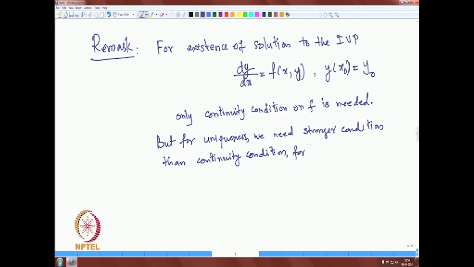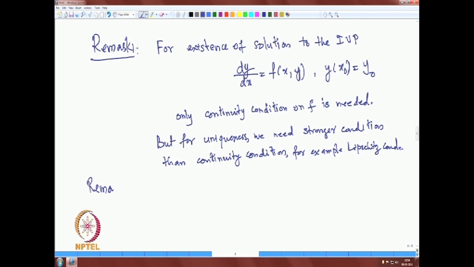Say, for example, a Lipschitz type condition. And one can also use a weak version of a Lipschitz type condition to ensure the uniqueness. So, that is remark 1.